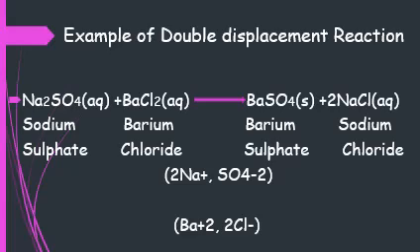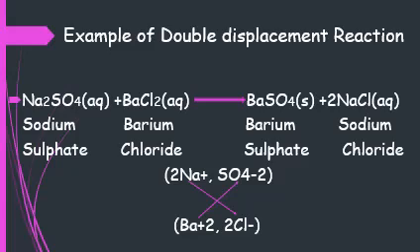When the exchange of ions takes place over here, Na+ gets attached to Cl-, Ba 2+ gets attached to SO4 2-, and it results in our product. So this is how the double displacement reaction takes place, by exchange of ions.